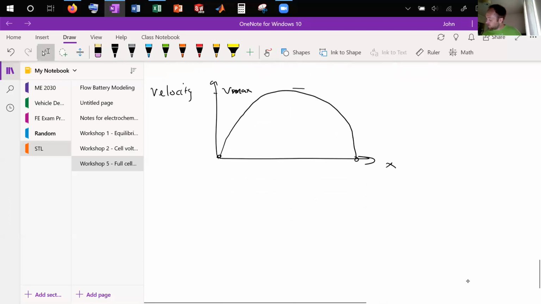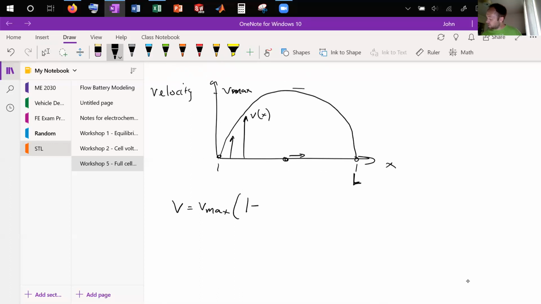And so if this has some length L, the velocity V, so that's this distance up here. So this is V as a function of x. Velocity as a function of x can be our max velocity times 1 minus the distance from the max. The distance from the max is going to be your x position minus L over 2.